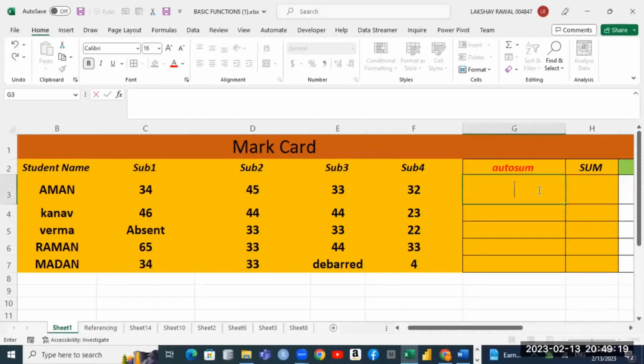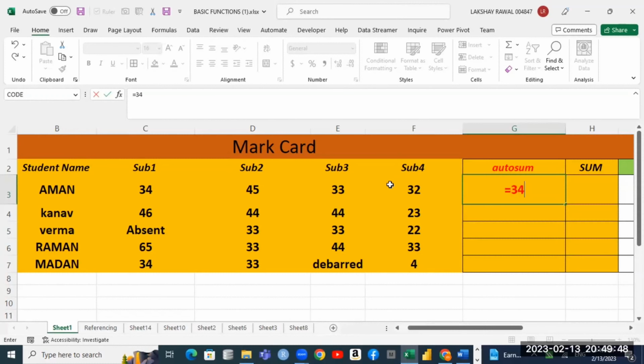So guys, I was telling you that a formula in Excel starts with either the equal to sign or the plus sign. You can start a formula with either, but generally you have seen that it starts with the equal to sign. Now that day I told you, just listen for 2 minutes. Suppose I want to add these 4.